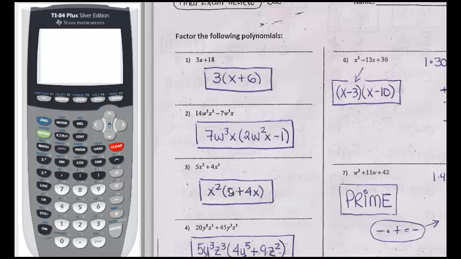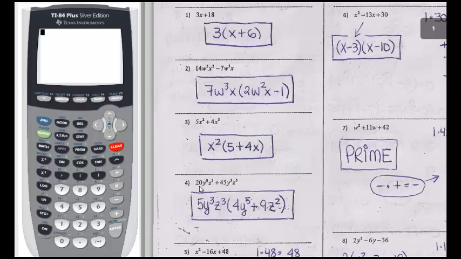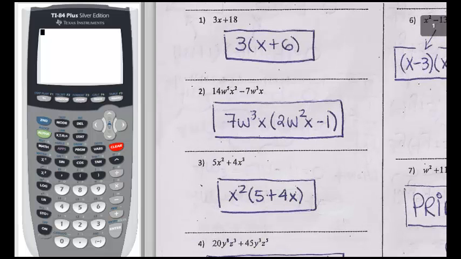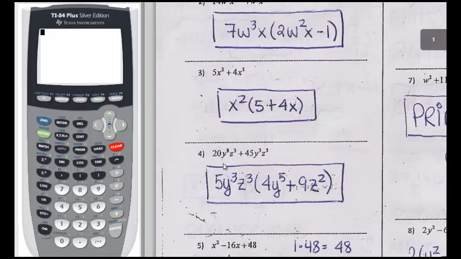Okay. Number 4. What number can I factor from 20 and 45? The answer is 5. The smallest exponent is y to the 3rd. And my smallest exponent for z would be z to the 3rd. Once I've decided what I'm going to factor, let's go ahead and do the division. 20 divided by 5 is 4.